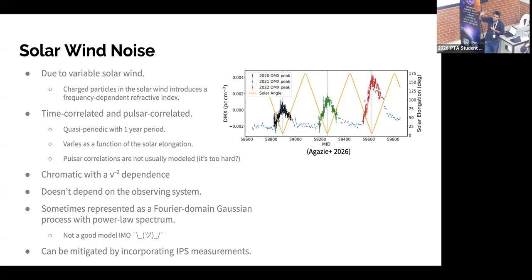People have not yet succeeded in modeling it. It is sometimes represented as a Fourier domain Gaussian process, similar to DM noise, but in my opinion it is not a good model for various reasons.